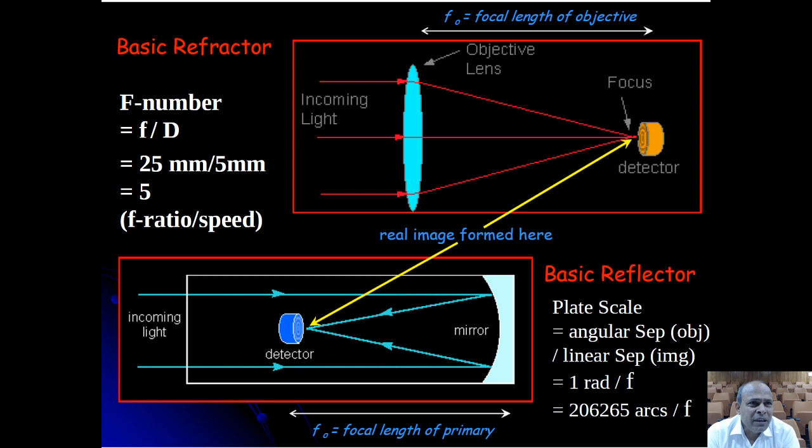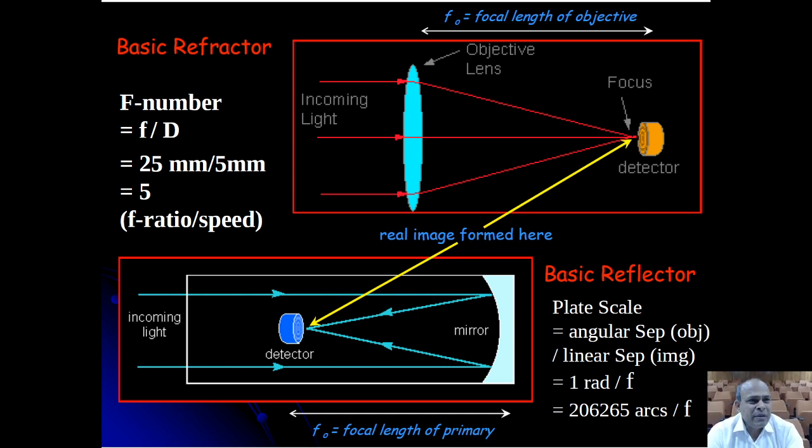Now another important parameter for an optical telescope is the plate scale. This basically tells what is the relation between the angular separation of two objects which we are imaging, and the linear separation between those two objects at the image plane.